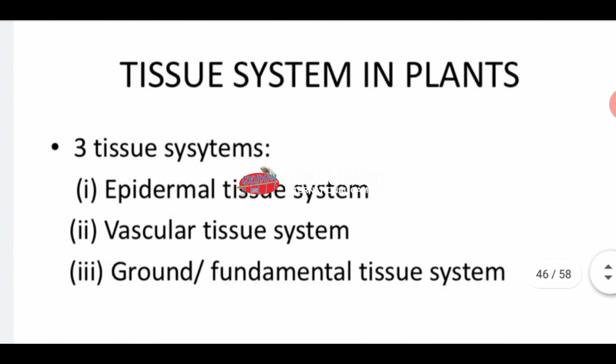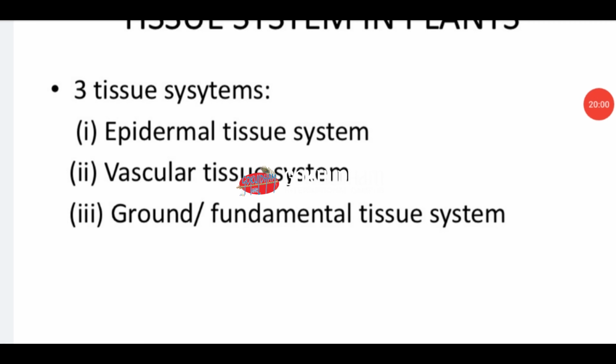Now let us see the tissue systems in plants. Means there are different tissue systems present in the plant, which are the epidermal tissue system, vascular tissue system and then ground or fundamental tissue system. Epidermal tissue system means the tissue present outside the organ or body of the plant, formed by the epidermal cells. Then vascular tissue system means the tissue which transports water and minerals.